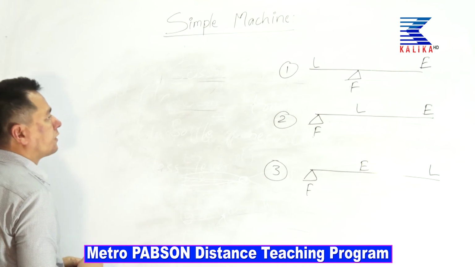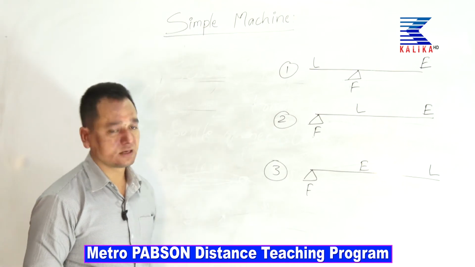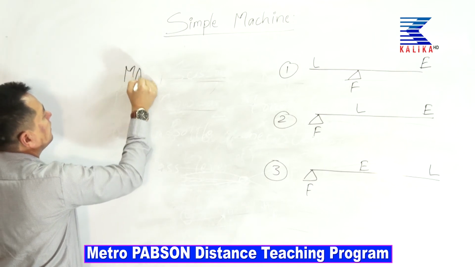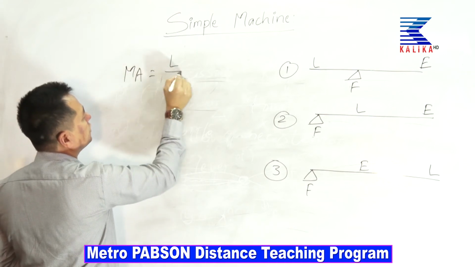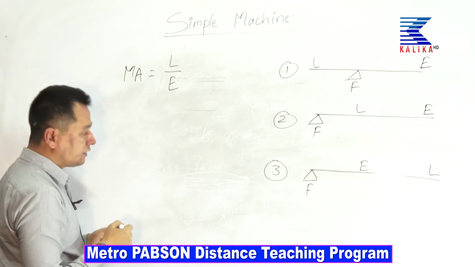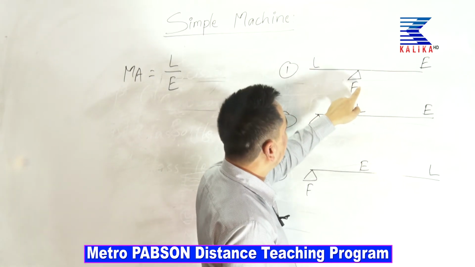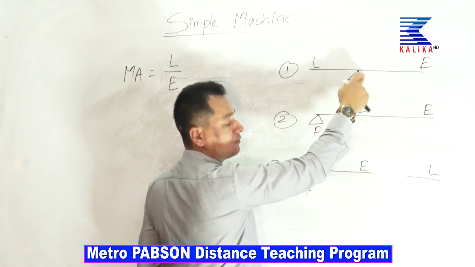Now, what is mechanical advantage in first class, second class, and third class lever? Mechanical advantage is load to effort. In first class lever, fulcrum can be exactly at the middle.